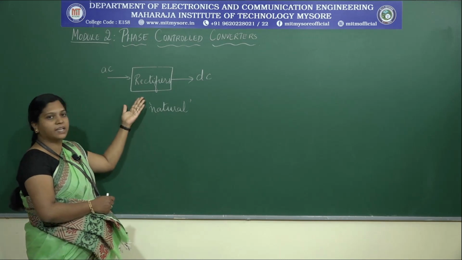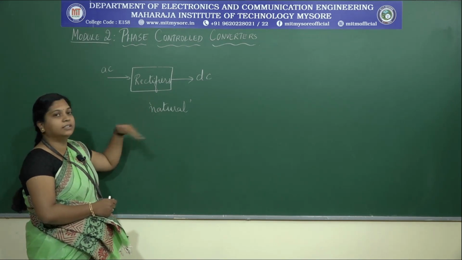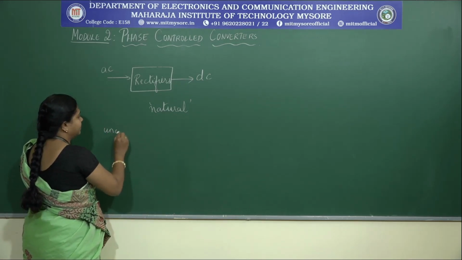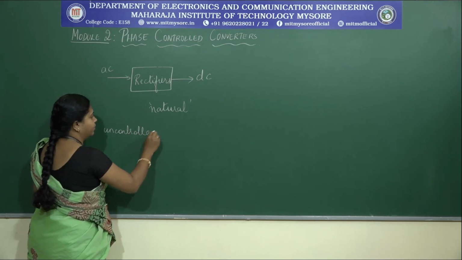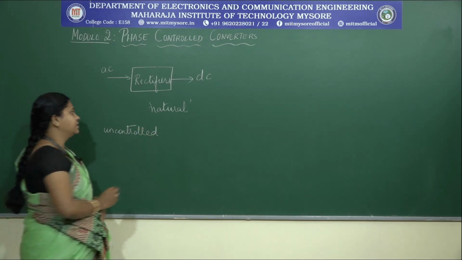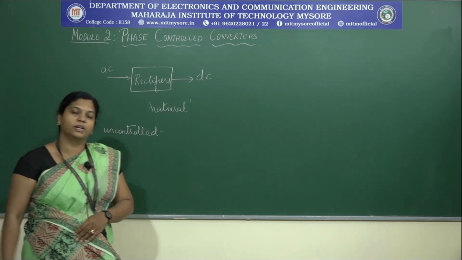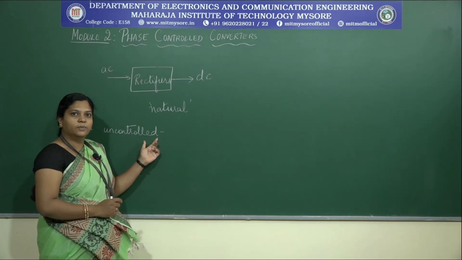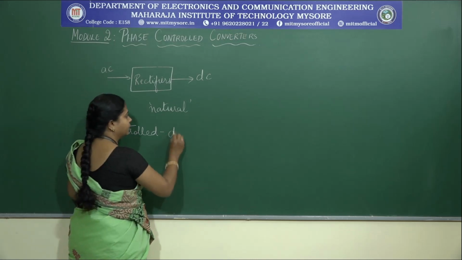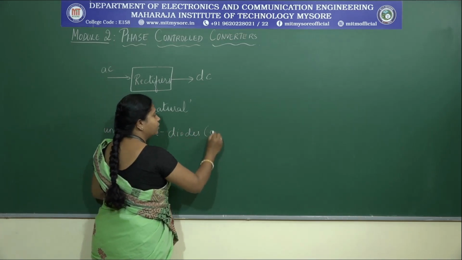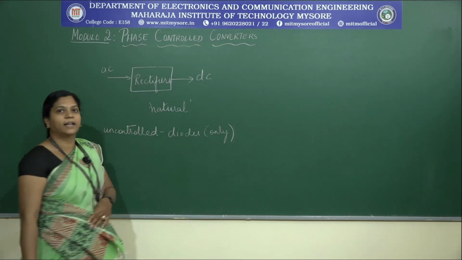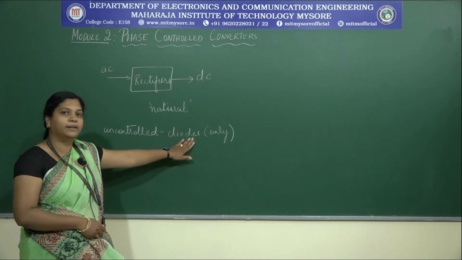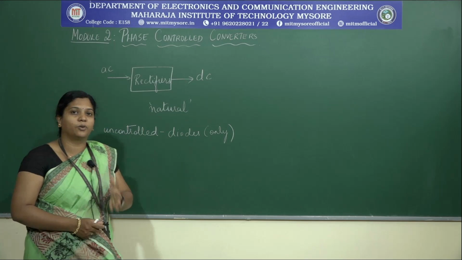Okay. How are we classifying these rectifiers? Depending on the different type of devices we are using, rectifiers can be classified as uncontrolled rectifiers. Uncontrolled means the device is uncontrolled both in on state as well as in off state. Which is that device? That is nothing but a diode. So in the circuit, if you are going to use only diodes, as we have already seen in the previous module, you are not going to achieve the controlling action.